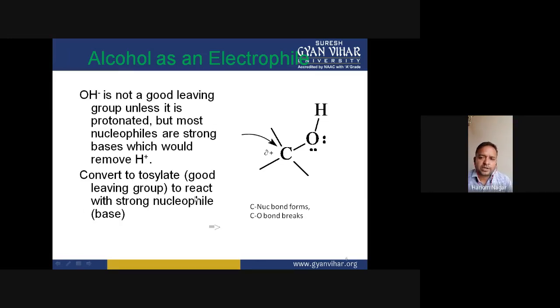Convert to tosylate to react with a strong nucleophile. This alcohol can be converted into the tosylate ester. When a strong nucleophile reacts with this, it can be converted into the tosylate.